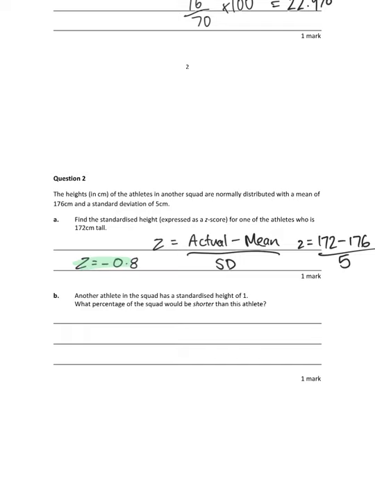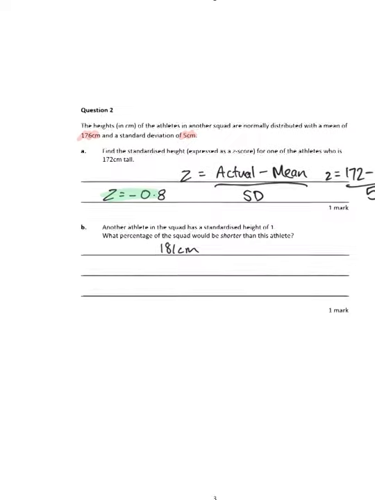We were told the mean was 176. If they were 1 standard deviation above, that means they were 5 centimetres above that, so this athlete was 181 centimetres tall. If you want to refer to your summary journal for this, that's the normal distribution chart.